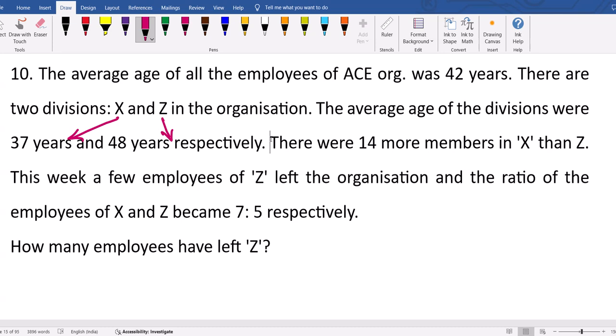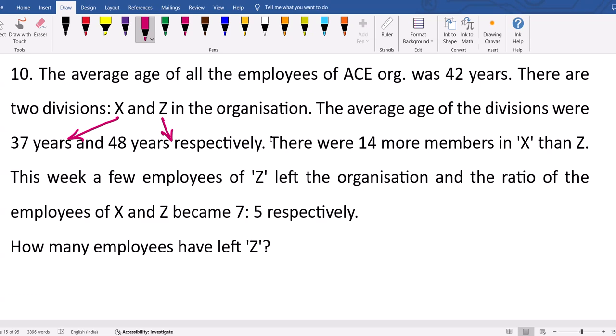Now the new ratio is this. What is the original male, original female, or the new number of males available, like that they'll ask. But what is the beauty in this question? Ratio is not given, you need to develop that initial ratio. The final ratio after some people left is 7:5.